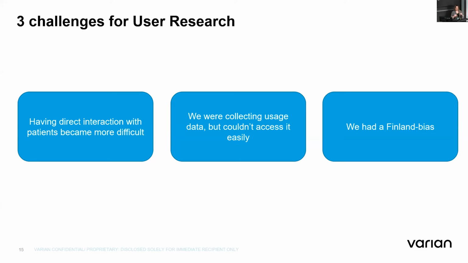For example, in the US, there are very different clinical workflows, very different financial contexts, and the patients have different needs. So we were still seeing things with this Finnish scope of user research, but we kind of had no idea about the needs with our product for the US customers, for example.